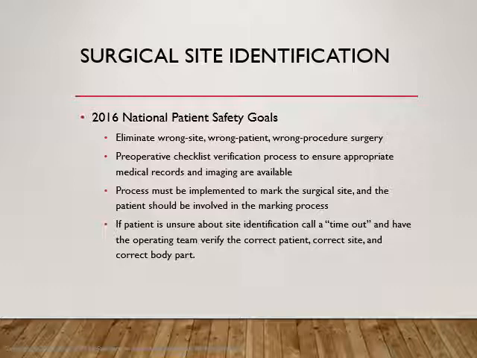Process must be implemented to mark the surgical site, and the patient should be involved in the marking process. If patient is unsure about site identification, call a timeout and have the operating team verify the correct patient, correct site, and correct body part.